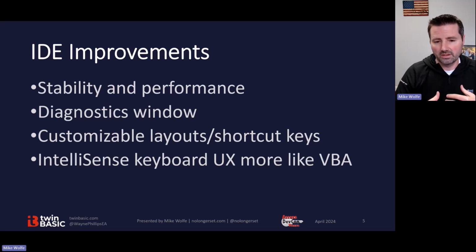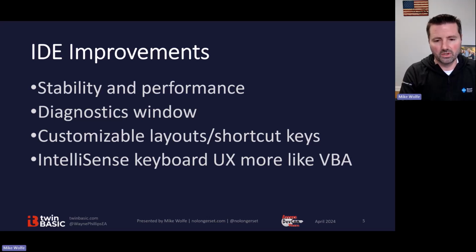For me, this was one of the things that I noticed last year, when I was doing a lot of work in twinBASIC, going from VBA to twinBASIC, is it just felt a little bit different, the IntelliSense. And it's hard for me to put my finger on exactly what it was, but I've got over 15 years of muscle memory built into writing VBA.